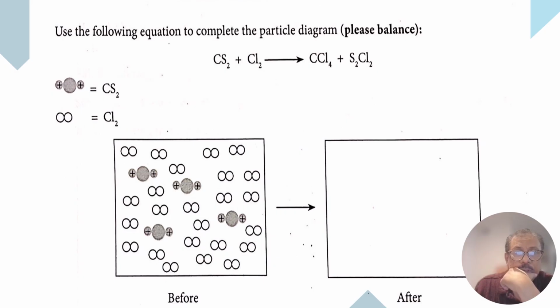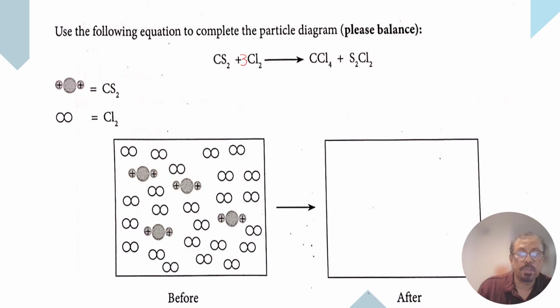Now actually we ended up with chlorine. We have 2, 4, 6, so we need 3. And that's it, I think. Now we have 6 chlorine, we have 6 chlorine, we have 2 sulfur, 2 sulfur, and we have carbon 1, and we have carbon 1. Now it is balanced.